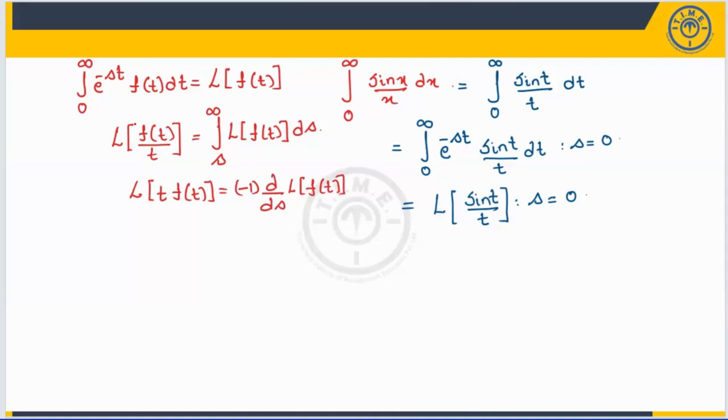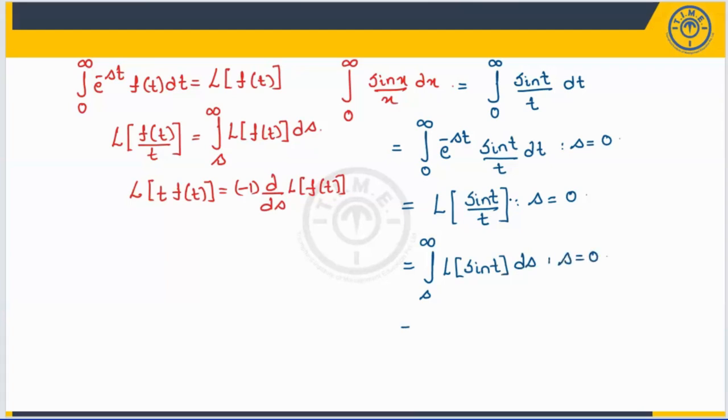Multiplication with t, the Laplace property is the derivative. Division with t, the Laplace property is the integral. So here I have division with t, so that is the integral from s to infinity of L of sin t ds, where s is equal to 0.